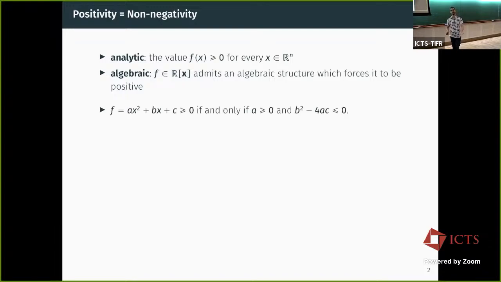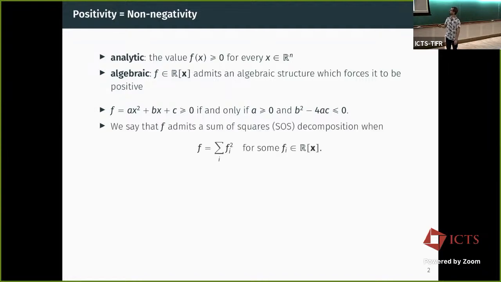As I told you, it's very simple. We begin in secondary school. We have this beautiful polynomial, ax squared plus bx plus c. And we clearly know that this is going to be greater or equal than 0 if these two algebraic invariants are satisfied. We can also say that a polynomial f admits a sum of squares decomposition if f can be written as a sum of squares of some real polynomials.